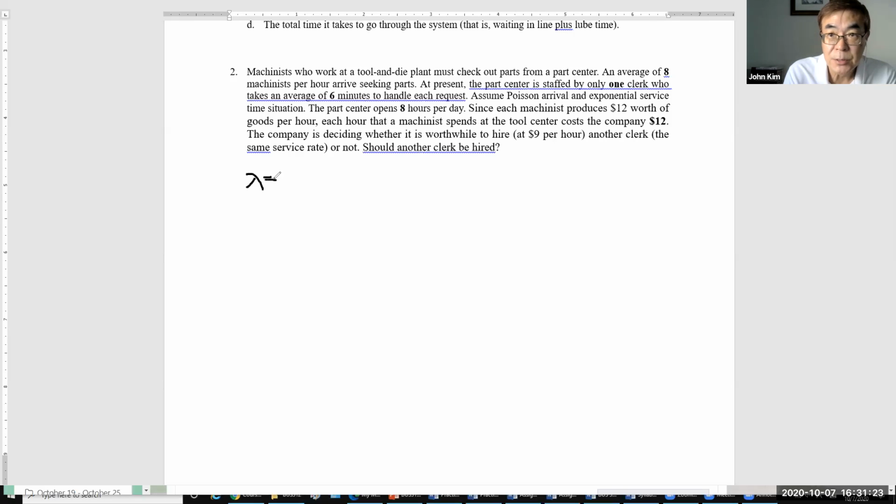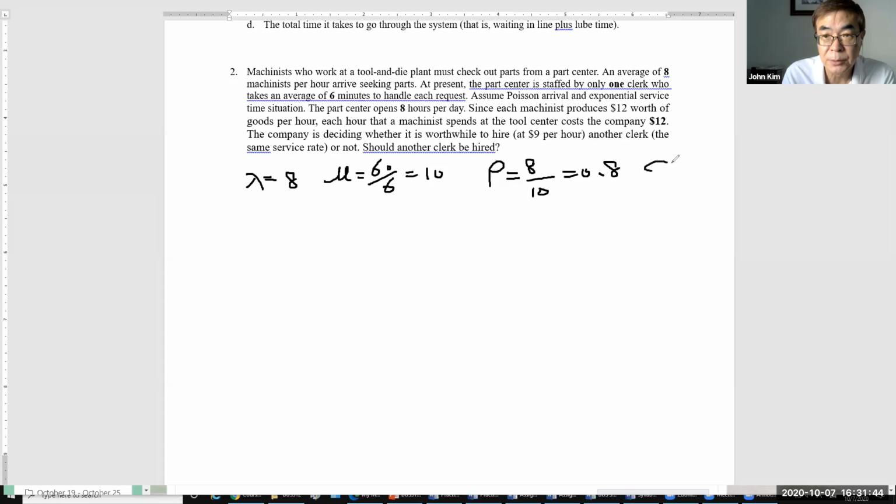Lambda equals 8. And then mu equals 60 divided by 6 equals 10. So utilization is 8 divided by 10 equals 0.8. And then the number of servers equals 1 now.